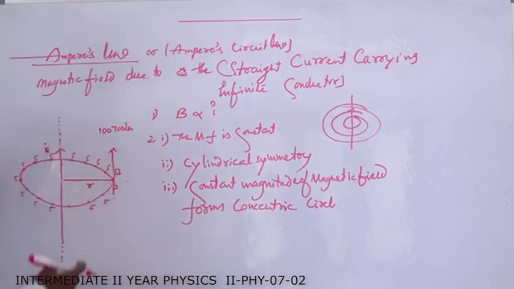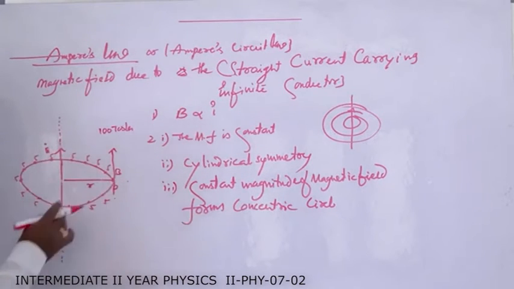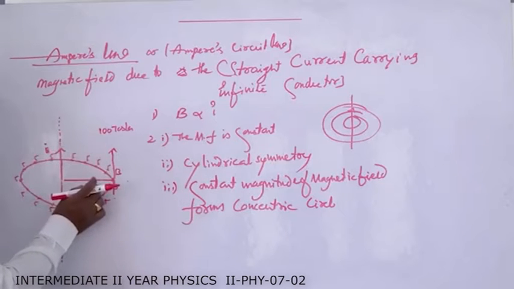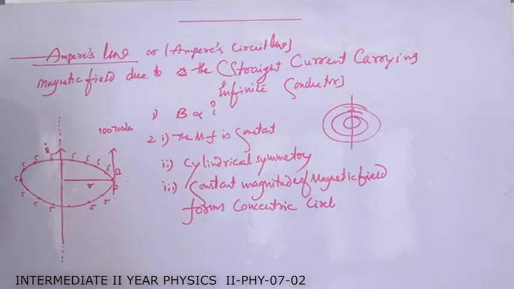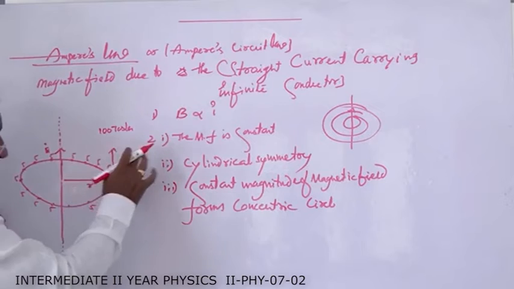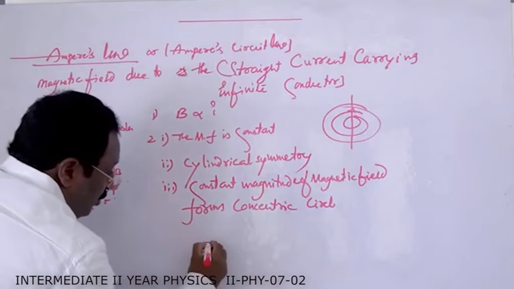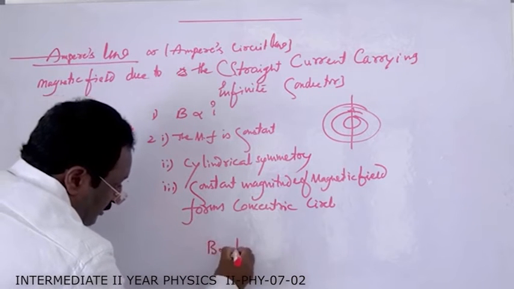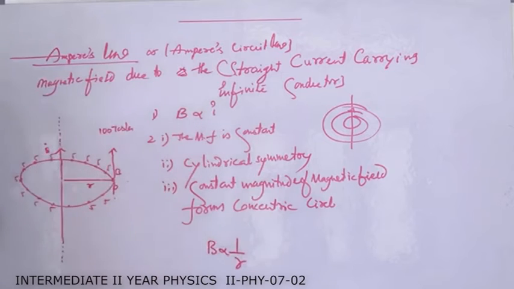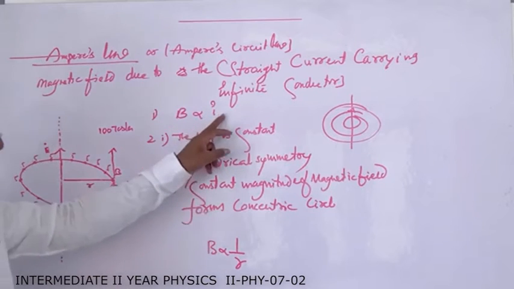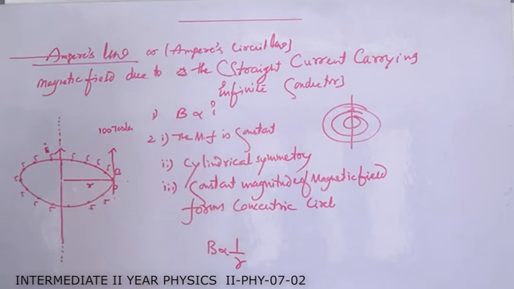Here the magnetic field depends upon only one coordinate, that is, the position vector distance. Hence, according to Ampere's law, the magnetic field due to a straight current carrying infinite conductor depends on only two factors: one is current, the other is distance. Not square. B is proportional to I, and B is inversely proportional to R.